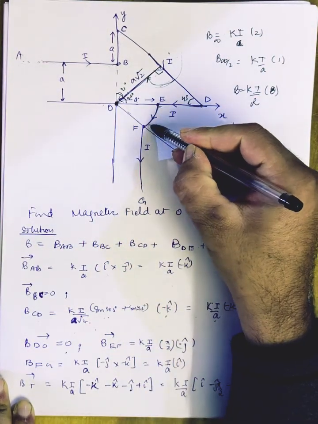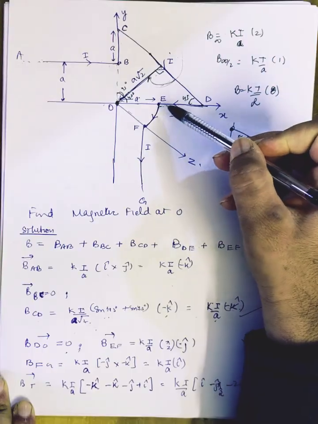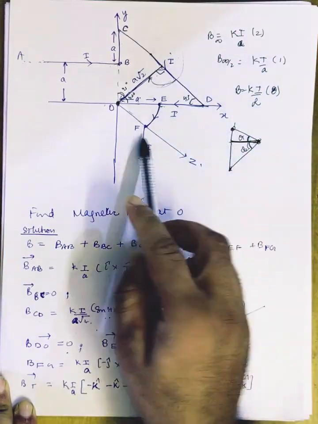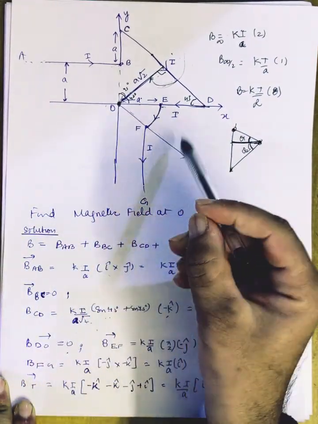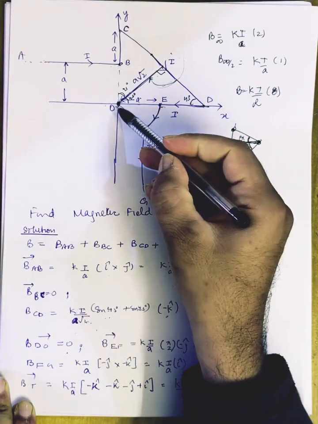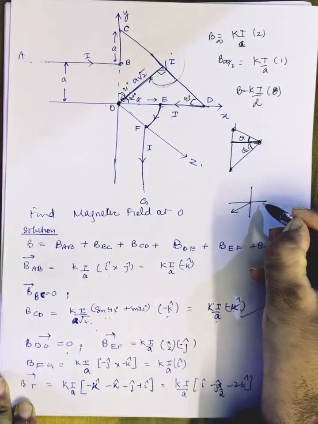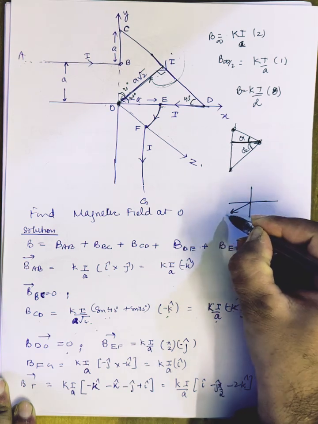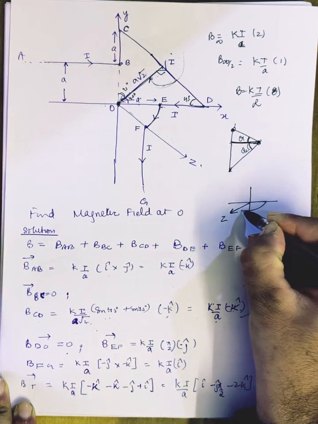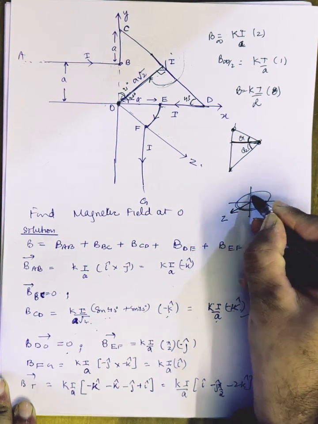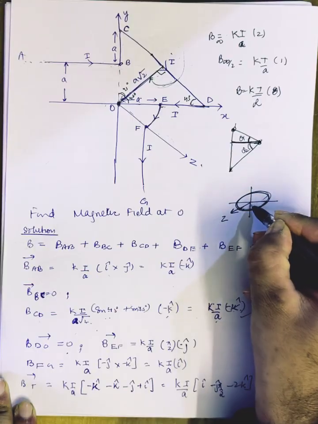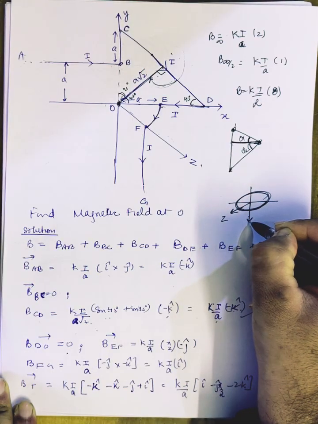Then comes the curvy part. This curved part is in the XZ plane. XZ plane means this part. Normally we draw the Z axis like this, so I'll draw it like that to make it easy. We are habituated to diagrams having the Z axis like this. If I do it like this, you can see it's on the plane, it's on the ground. If it's clockwise, it is going to go inside the plane of the paper, which is minus j.